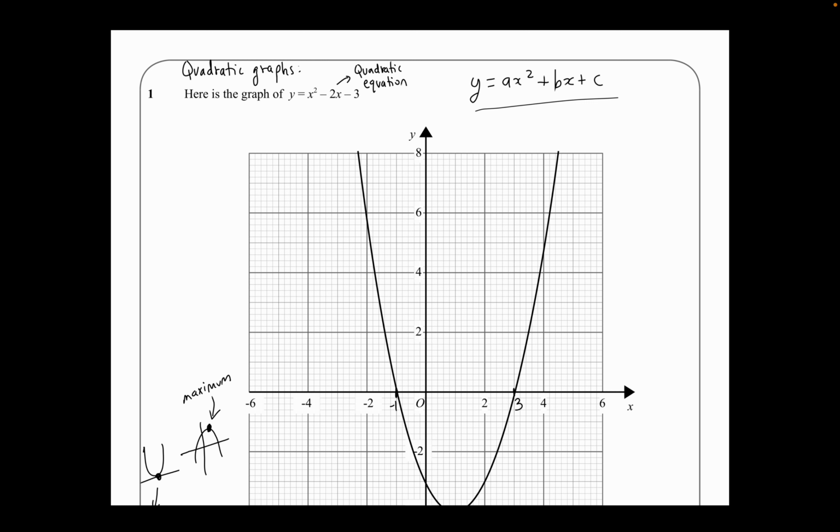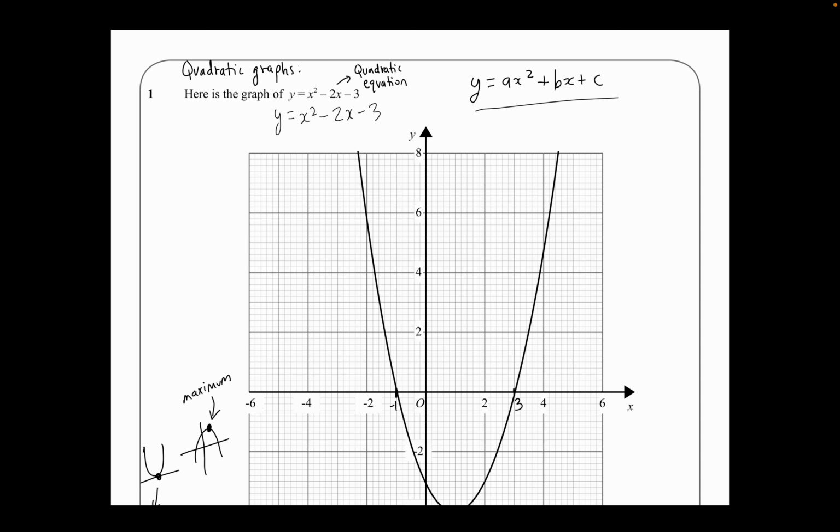So just for a good briefing about this concept of quadratic graphs and equations, you can see that there's an equation y equals x squared minus 2x minus 3, okay? Here, the a, b, and c constant values are just going to be the coefficients of your variables.